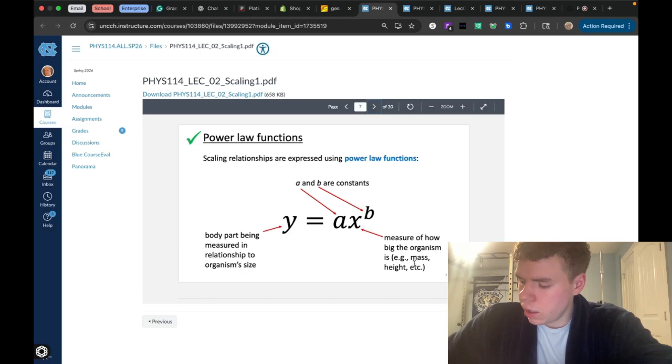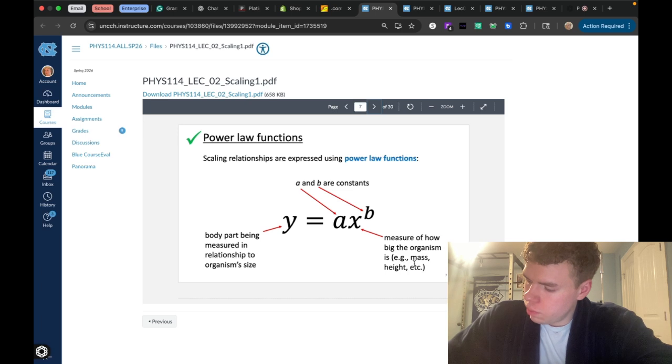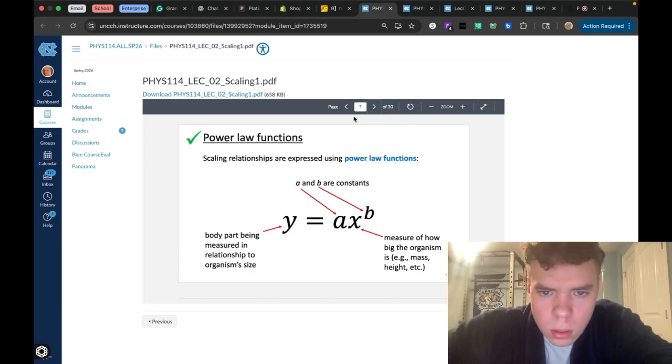So we'll say y is the thing being measured, and then x is mass slash height. A and b equal constants. All right.